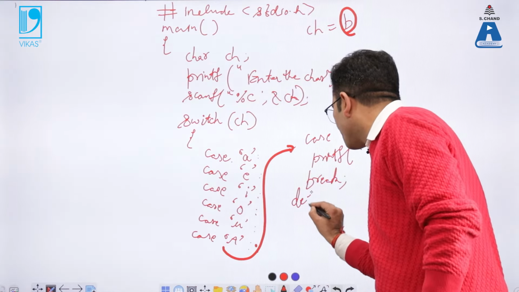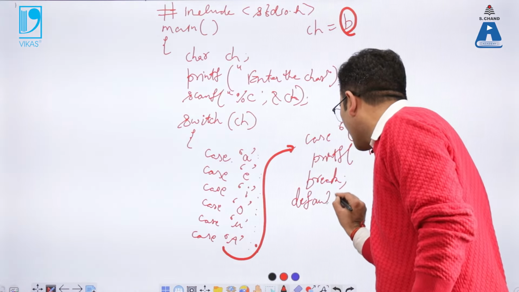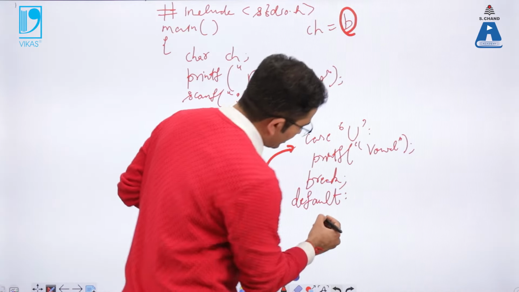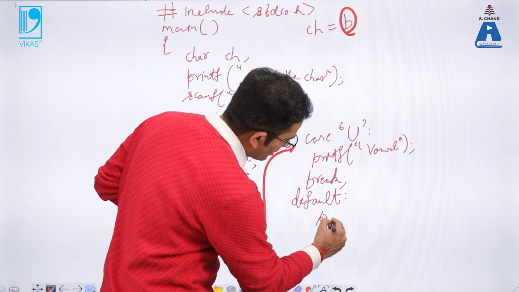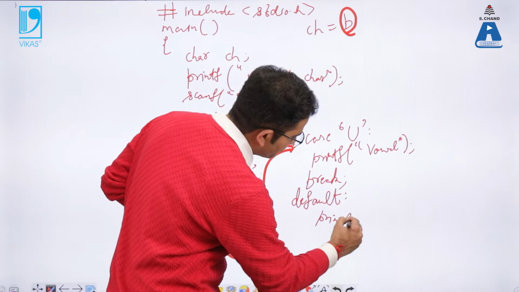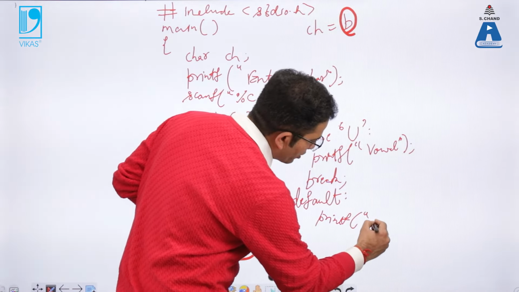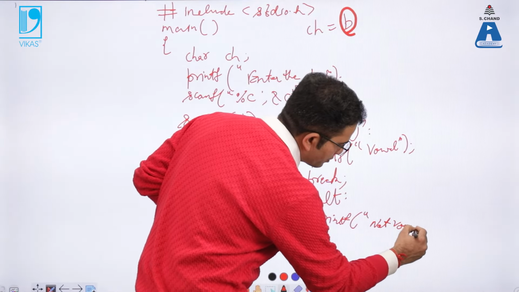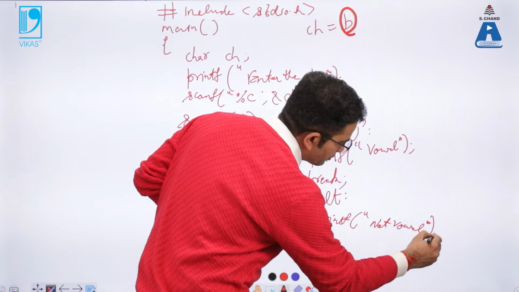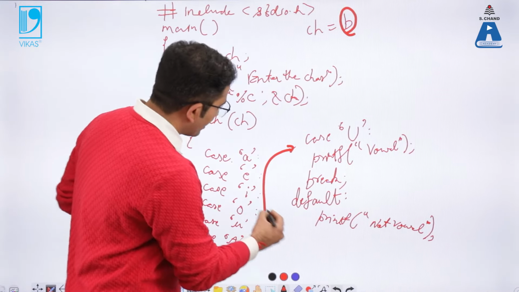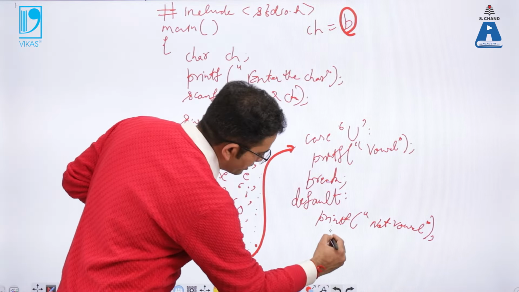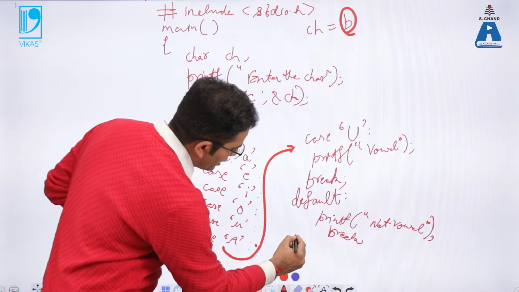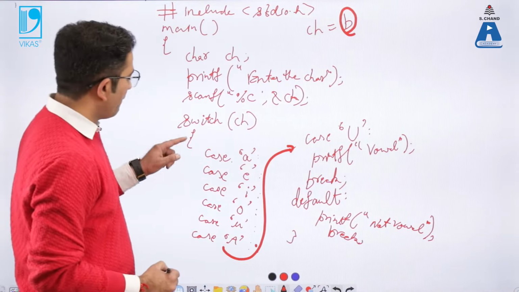Then in the default section, we will print the statement printf not vowel. Okay, and then finally we will break this statement, break default, and close the curly braces.